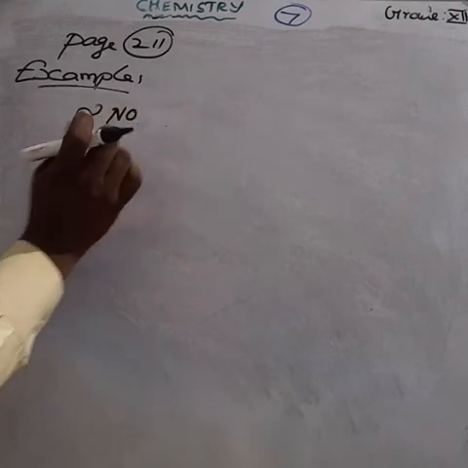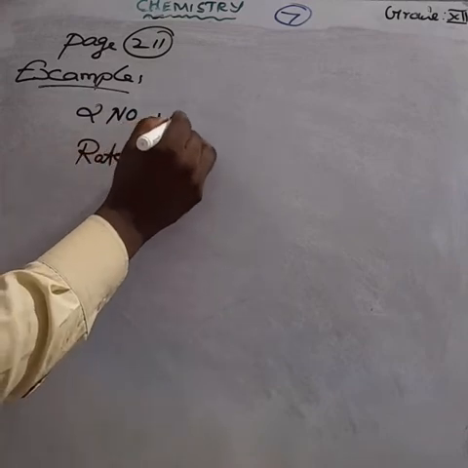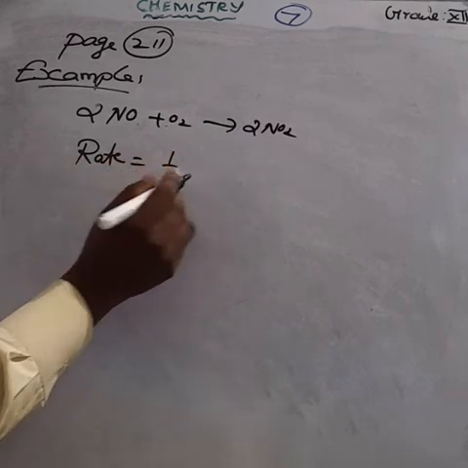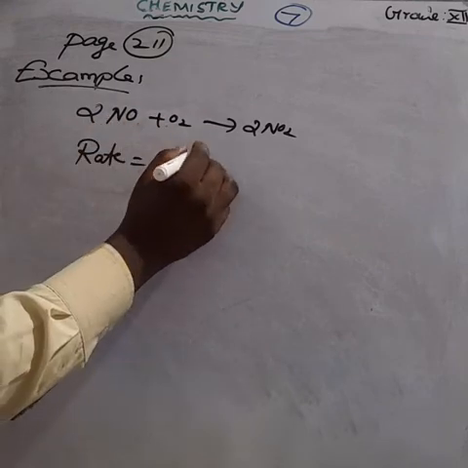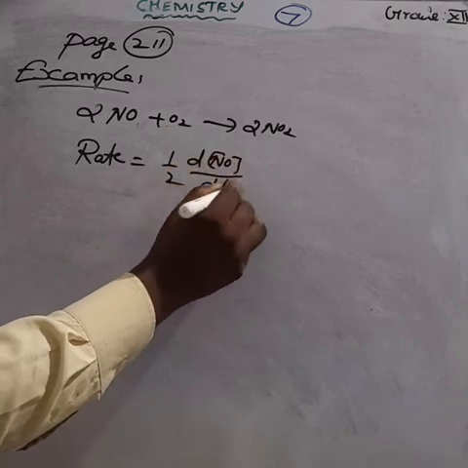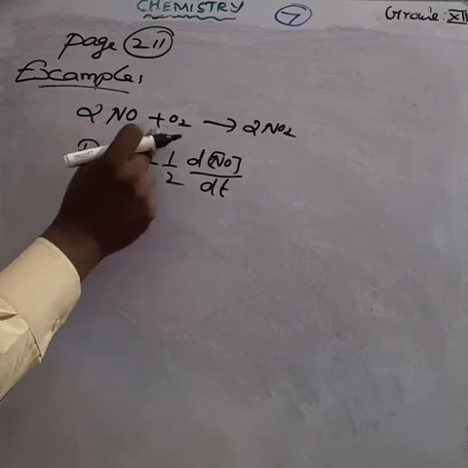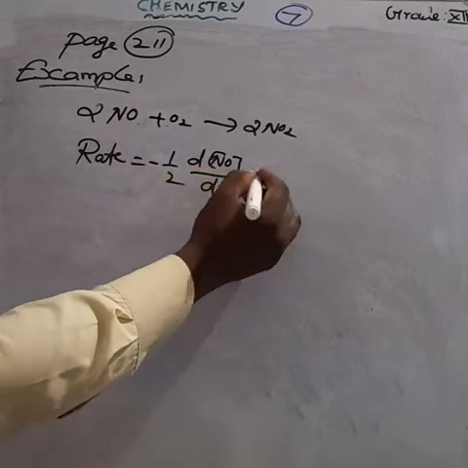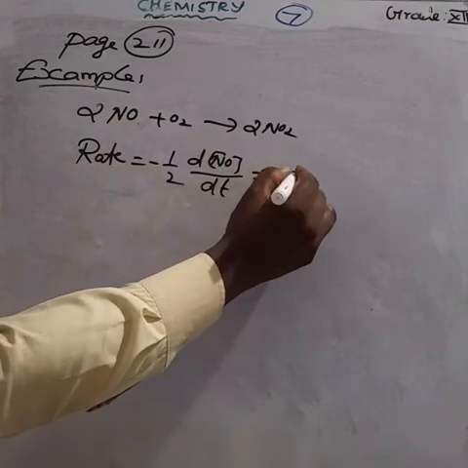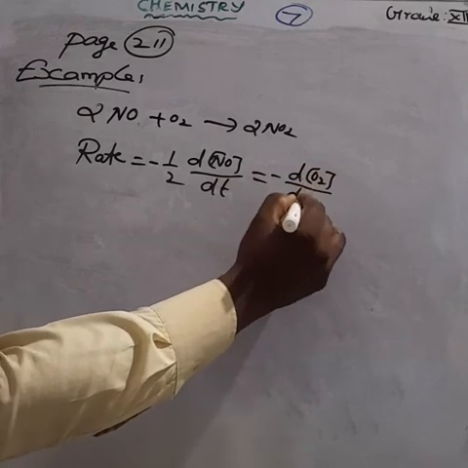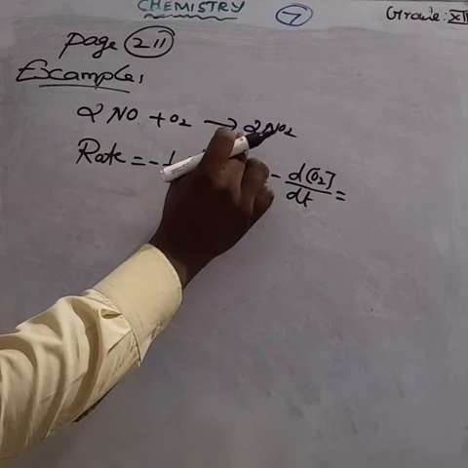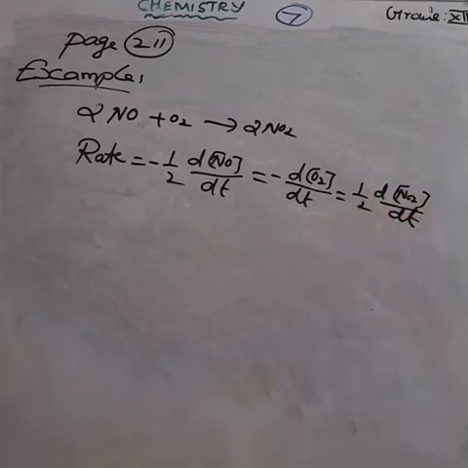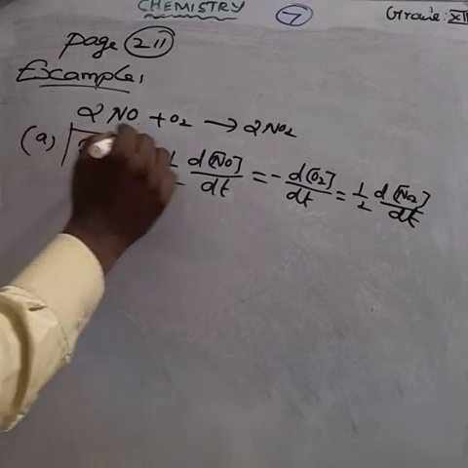Rate is equal to minus 1 by 2 d[NO]/dt, equal to minus d[O2]/dt, equal to plus 1 by 2 d[NO2]/dt. We have written the rate of the reaction in terms of concentration.